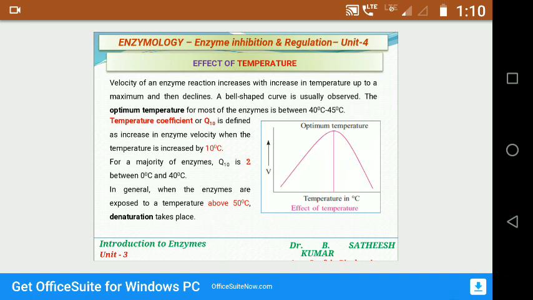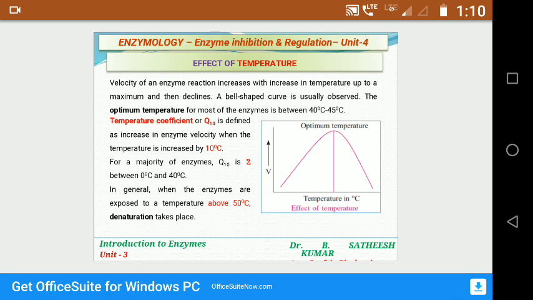And the third factor is a physical factor, that is temperature, because all enzymes are proteins in nature. They have amino acids in sequences. So these amino acids interact with each other by non-covalent interactions. Therefore, at particular temperatures, the enzyme activity will be more, and beyond or below that optimum temperature, the enzyme activity will be decreased.